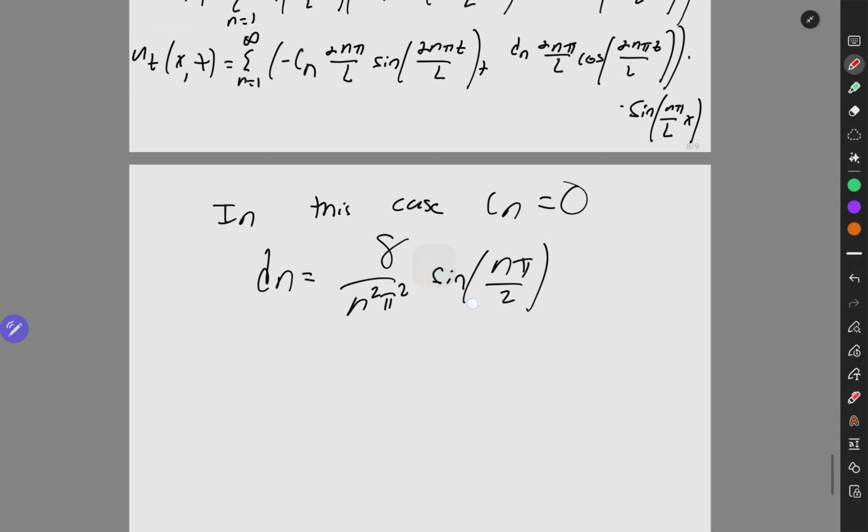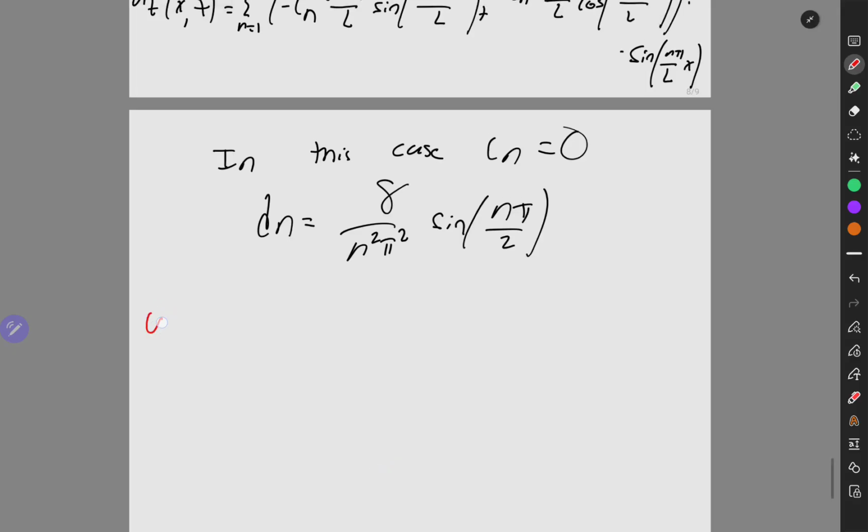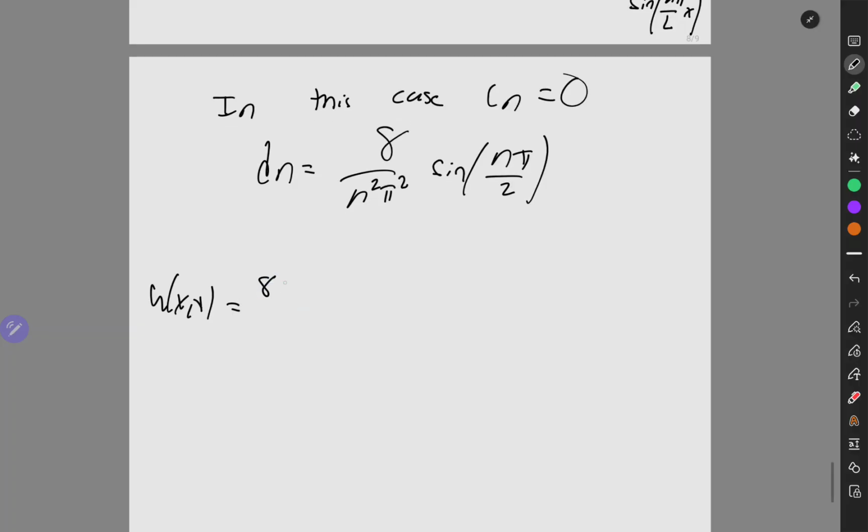So now, we go ahead and write out the general solution. Sorry, u of x, t is 8 L over alpha pi cubed times the sum from n equals 1 to infinity of 1 over n cubed sine of n pi over 2.